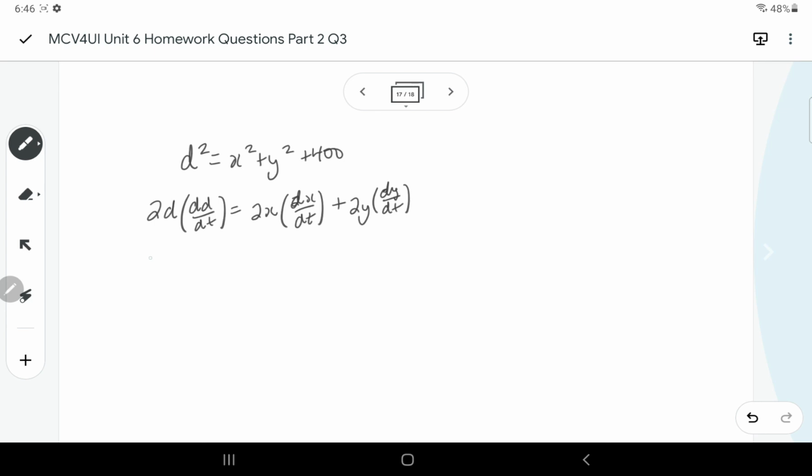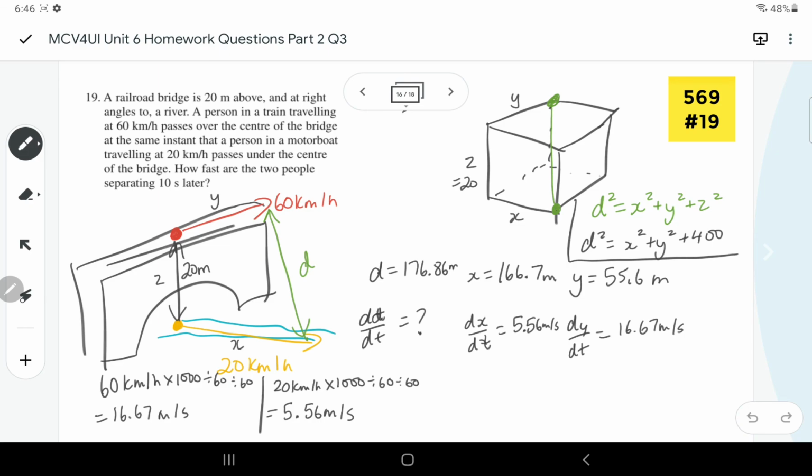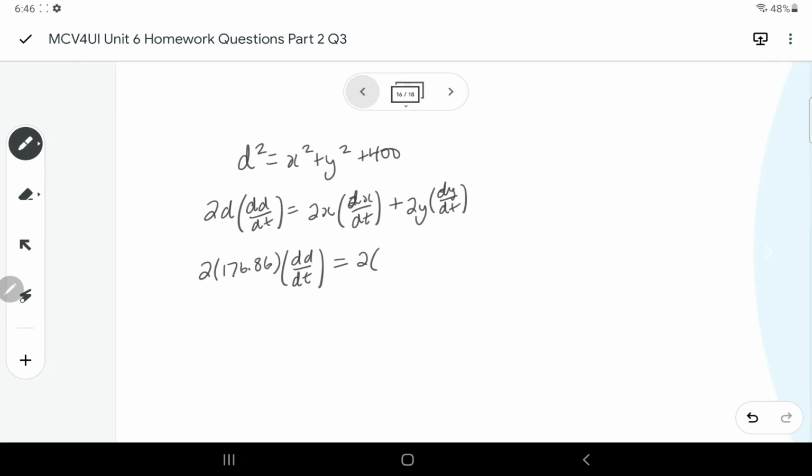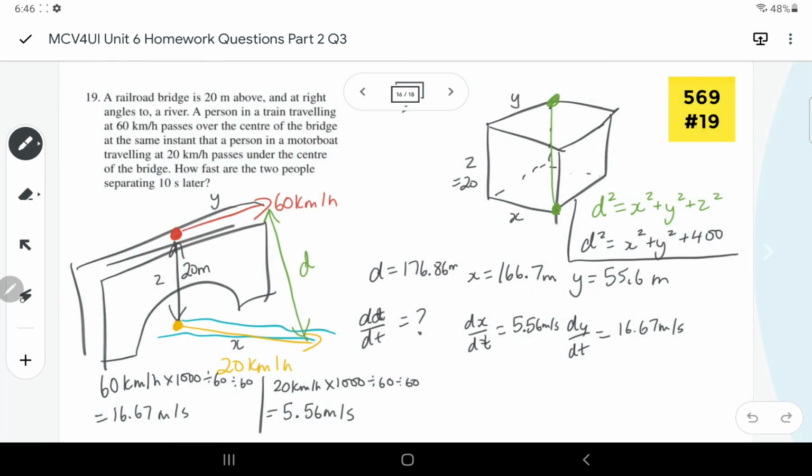So I'm going to put in all of these values. I'm going to have to go back and forth a lot because I don't have my second device out right now. 176.86 is my distance. And that's equal to 2 times x, which I think was the 55.